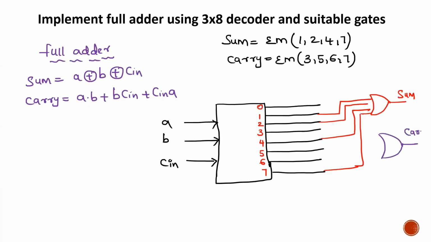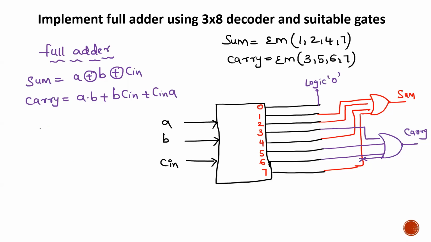Now here output is carry, whereas inputs are 3, 5, 6, and 7. So leftover one is 0. You need to connect this one to logic 0. Okay, whereas all these remaining lines are logic high.